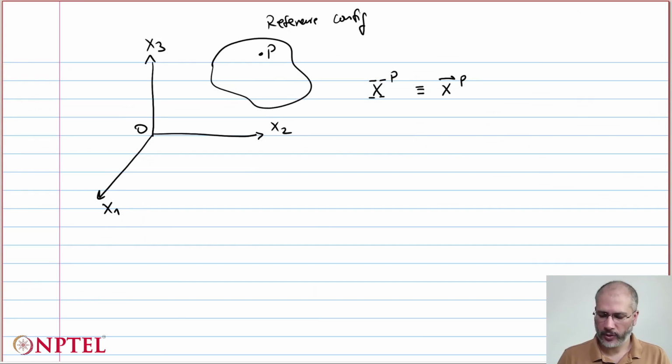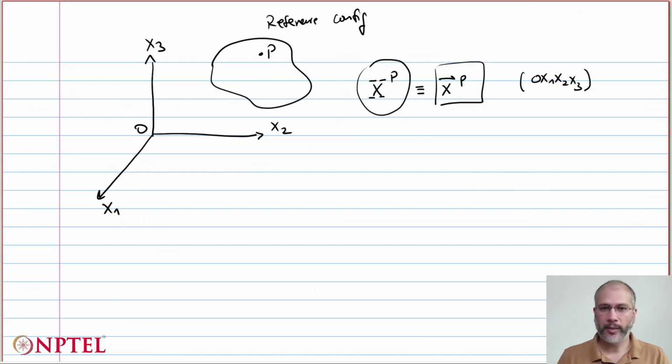So for this point P, which has this ID, it is this position which is expressed in this O, X1, X2, X3 coordinate system. There is a unique mapping between these two. So instead of writing X^P, I can also write the vector capital X to identify the particle. And this is possible because the reference configuration is unique.